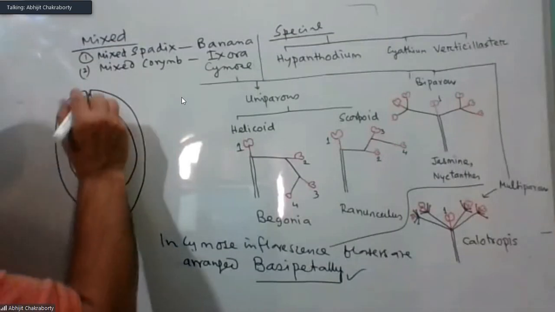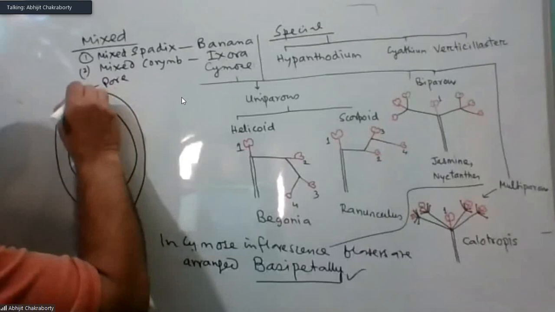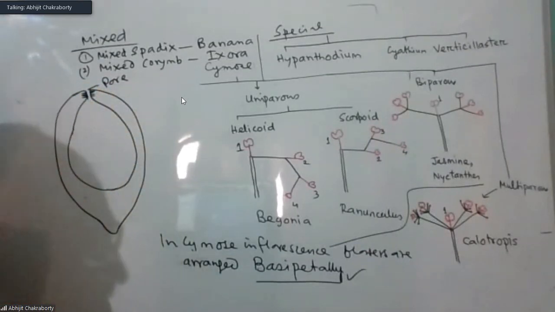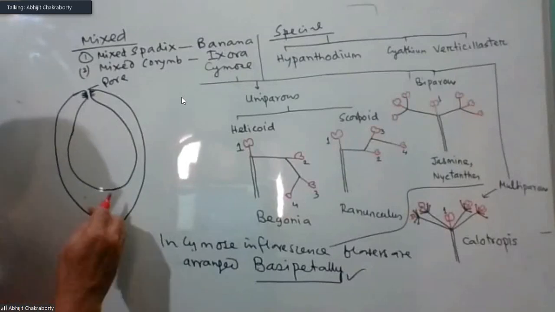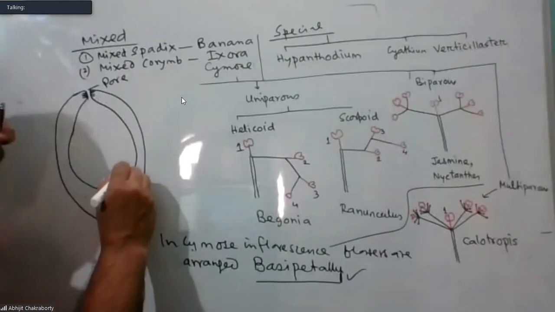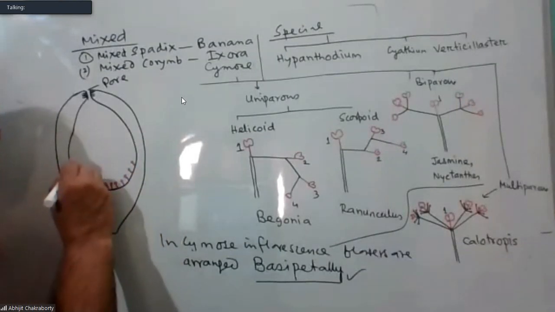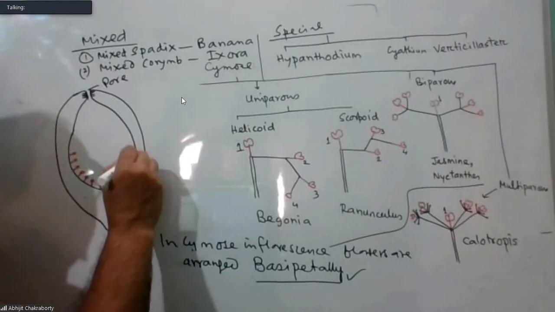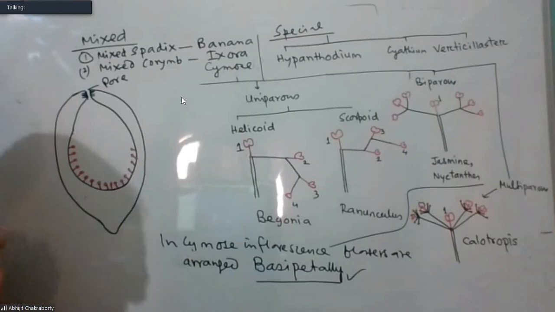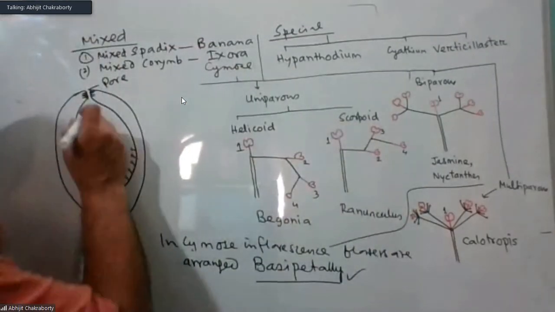What happens here? You know, it's a pore. You will get some cilia here. Now inside this, you will get female flowers towards the base, and you will get the male flowers towards the pore.